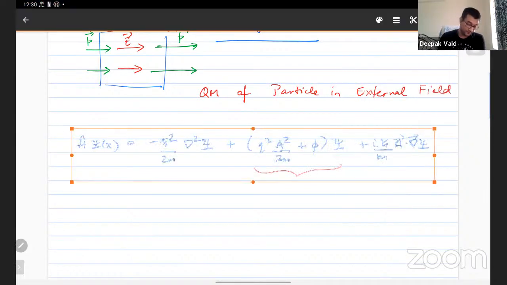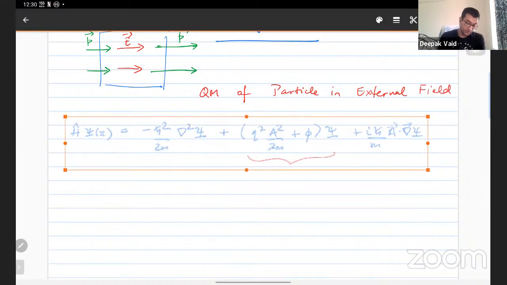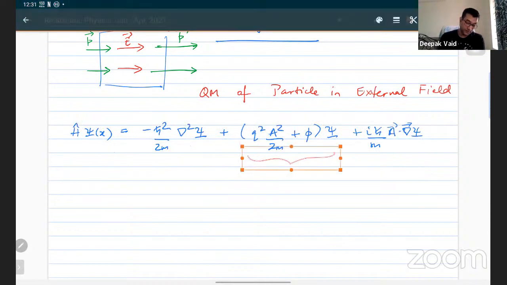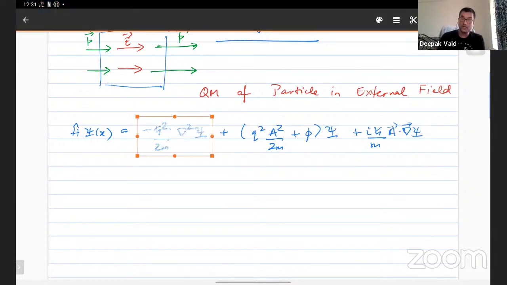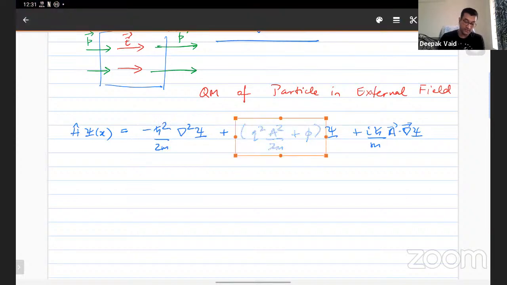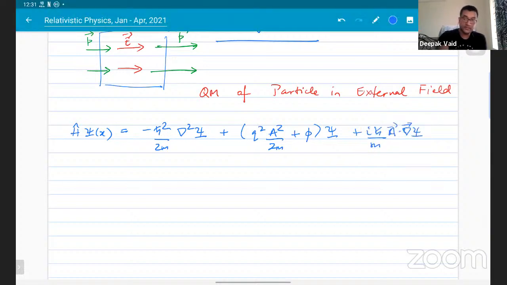All right. So this is the expression that we ended up with last time. And this is, as usual, our kinetic energy term. Then we have a potential energy term. And then we have a new expression here. Right. And this is the term that will give us something interesting. So what does it do?